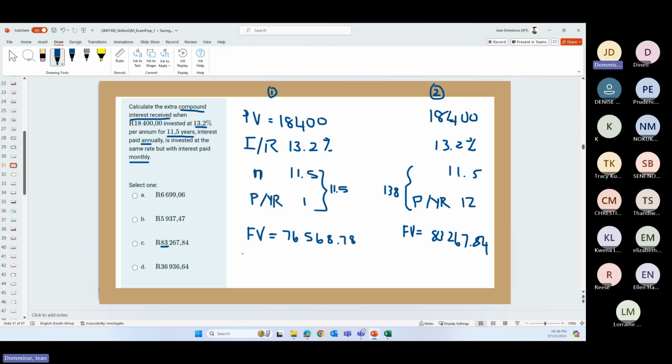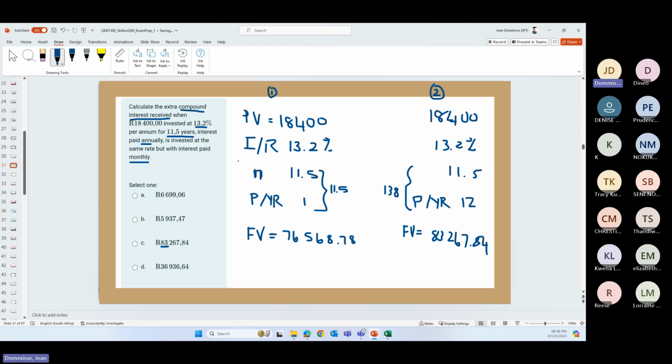That's that one. But then to get how much I'm getting more, I need to subtract the two. So 83,267.84 minus 76,568.78 gives me a 6699.06 as answer, which is option 1 or option A.